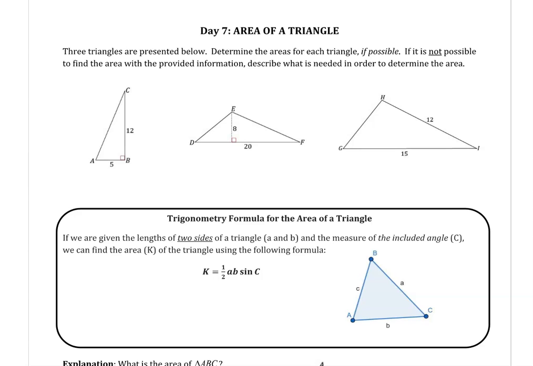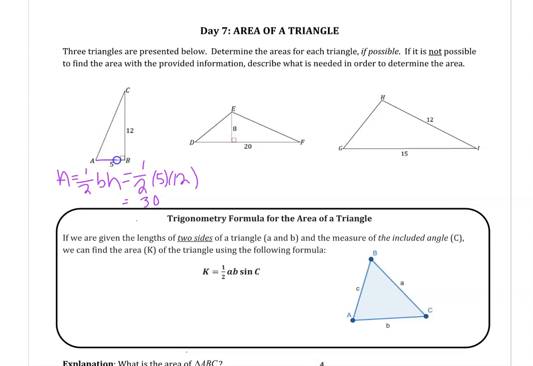So just as a little refresher, we know that the area of any triangle is equal to 1/2 base times height. So in our first triangle, this is equal to 1/2 times 5 times 12. 5 times 12 is 60. Half of that is 30.